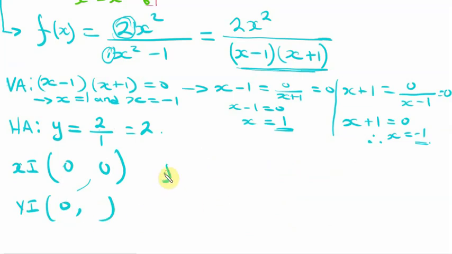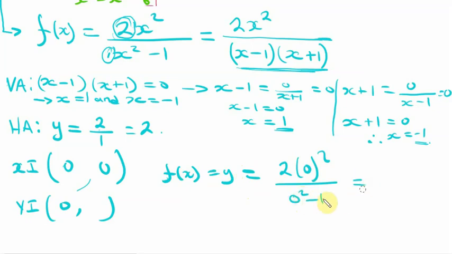What is f of x, which is the same thing as our vertical axis, or our y? Well, see that 0 raised to the power 2, and 0 squared minus 1. So this is 0 divided by negative 1, therefore 0. So y is also 0.